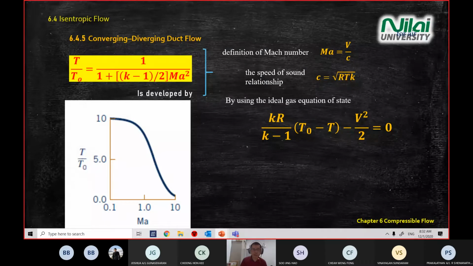Those 3 equations are very important. The first equation is what you see on the screen now. T divided by T0 is the temperature ratio in the stagnation term. This is the equation we will use when we have a compressible problem.